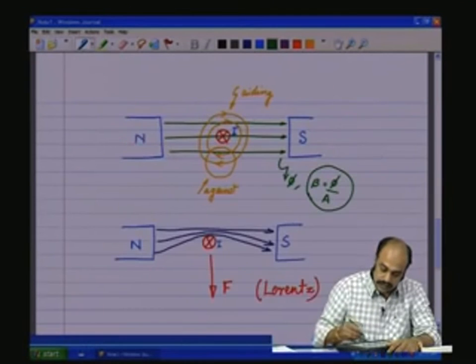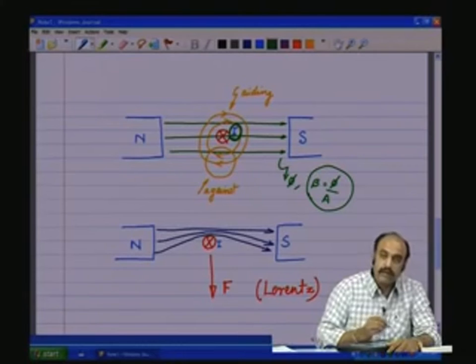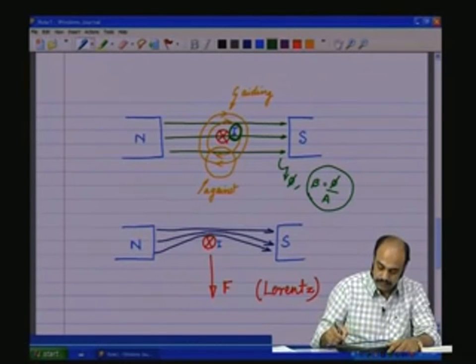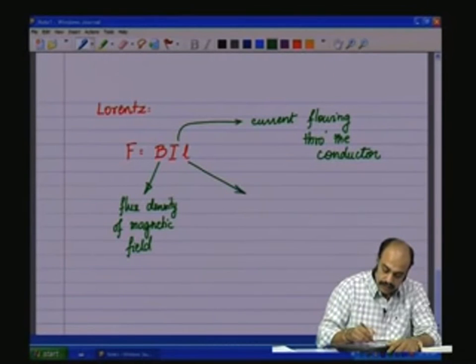Which in this case is this, the current flowing through the conductor, and L is the length of the conductor.